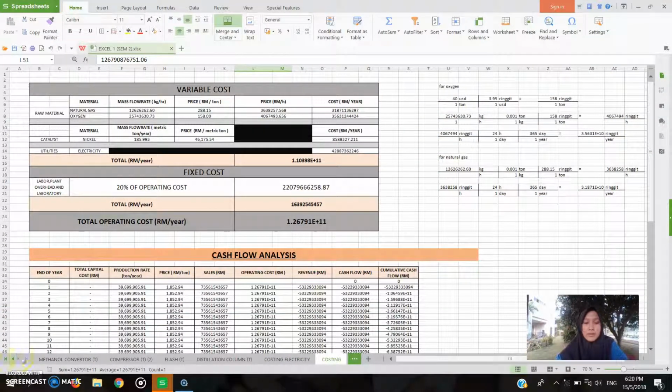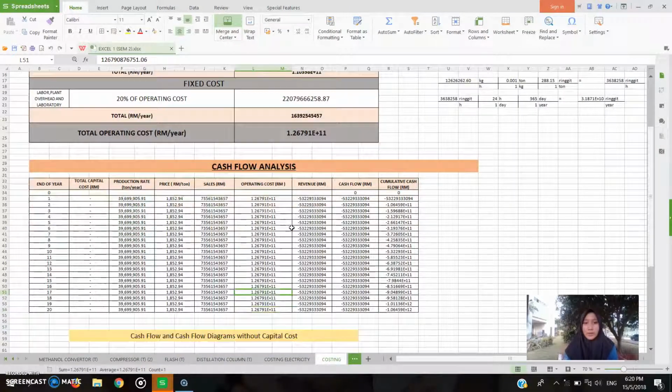This is the last part about costing. As you can see, we calculate the cost for raw material, catalyst and utilities. So this is the cost, and this here is for conversion. When we calculate all this, we get a total operating cost of about 0.13 trillion.